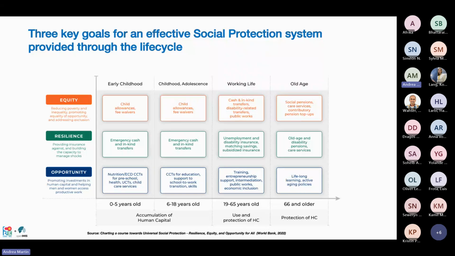For example, attending preschools or going to healthcare visits or attending care services or doing public works when people are already adult or attending training and internships. So there's a wide range of programs that can be provided.